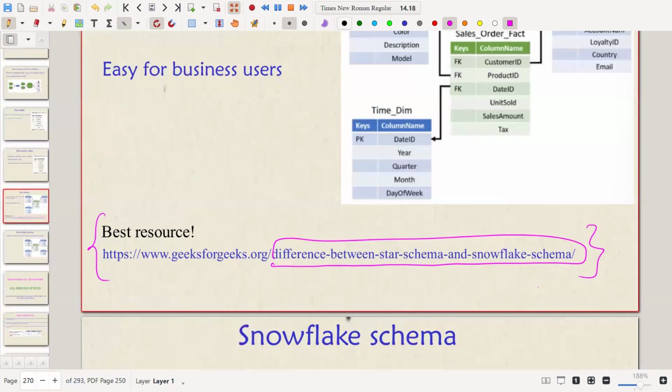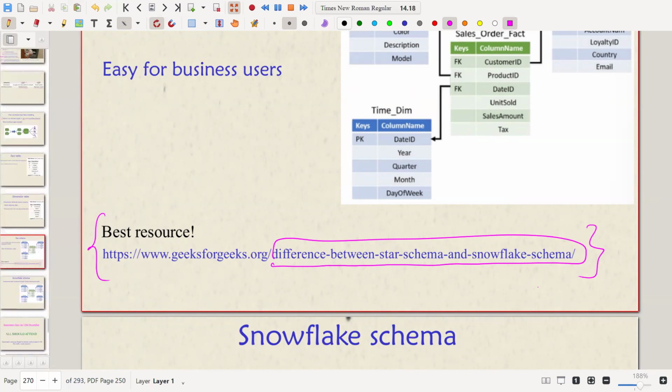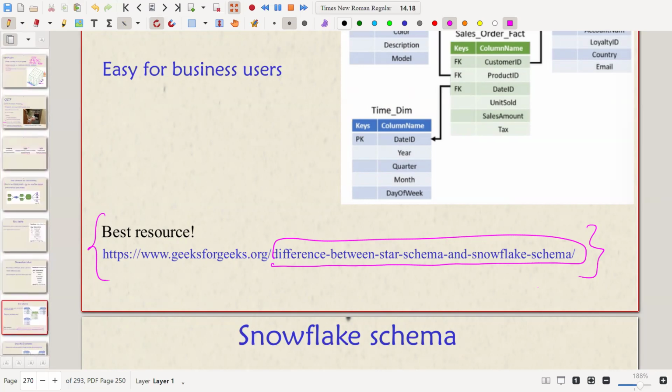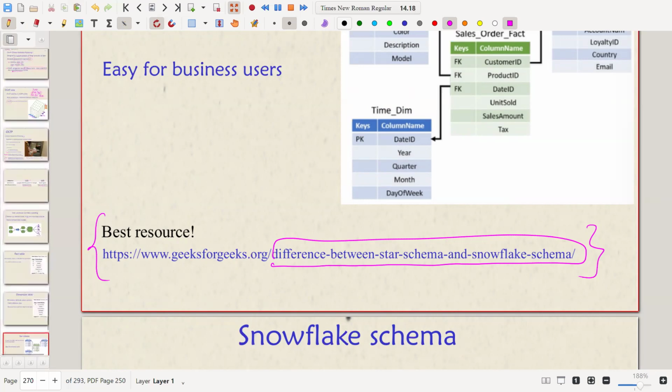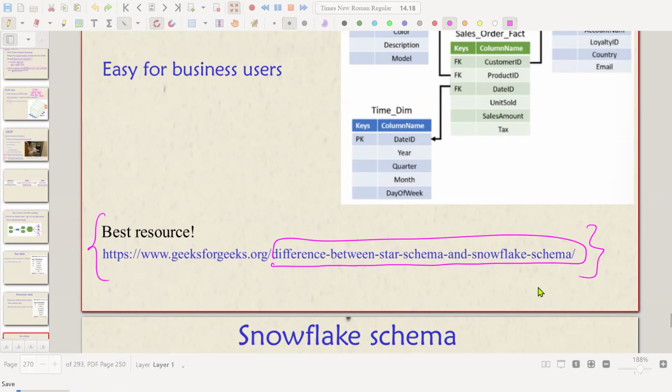You can get intuitive ideas about both of them. I suggest that before coming to the next class, you have a read on their website. Very nicely they have mentioned it, and yeah, we'll see. So this is it. We'll stop here.